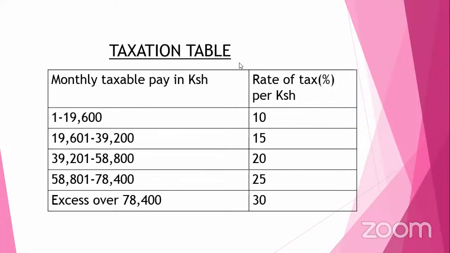Are there examples of exemptions? Yes, there are many. You'll hear people saying, this person does not pay tax for this, especially people who are challenged. People who are challenged don't pay tax on some items, so they are exempted. So there are some items that the government will exempt from taxation.